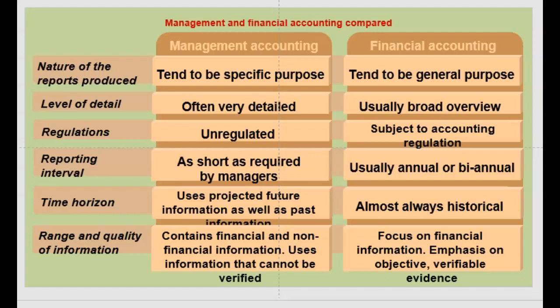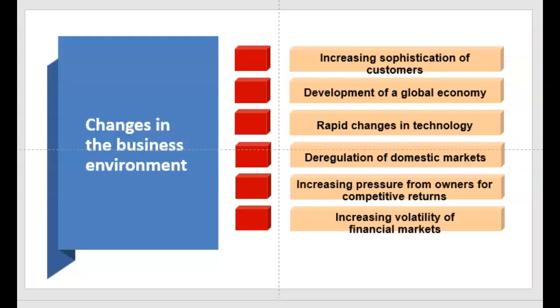The information being used is actually historic, so it's in the past. They are reporting about what happened in the last few months, last year, last financial year, and therefore it's really about the past. And therefore, this information needs to be very reliable. It needs to be verifiable. They need to be absolutely sure about it because otherwise people will manipulate this kind of information.